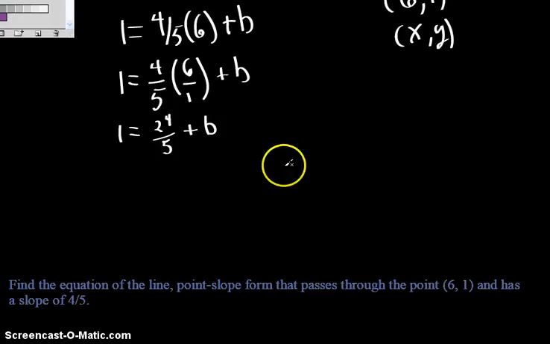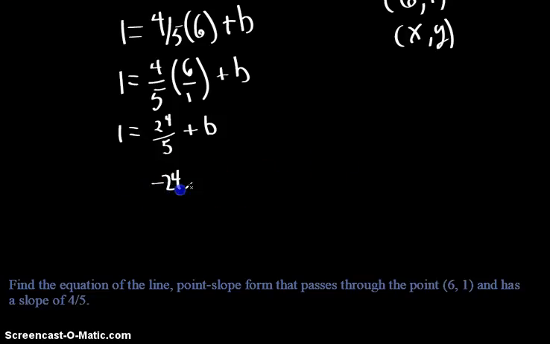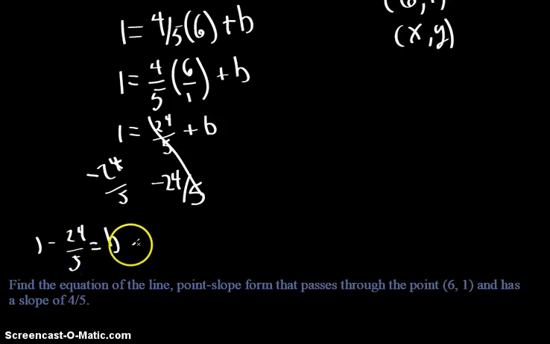Now we should be set. Minus 24/5, minus 24/5. That'll cancel these out. And here I get 1 minus 24/5 equals b. So I've got to figure out what that is.